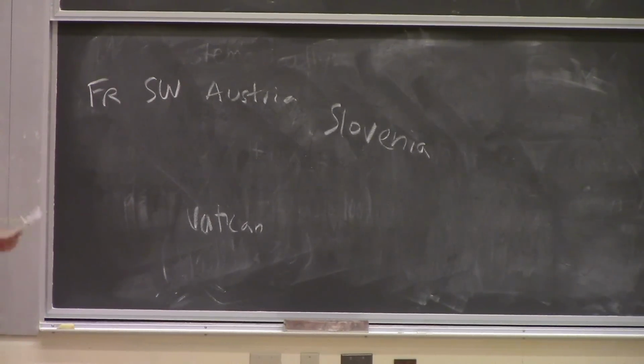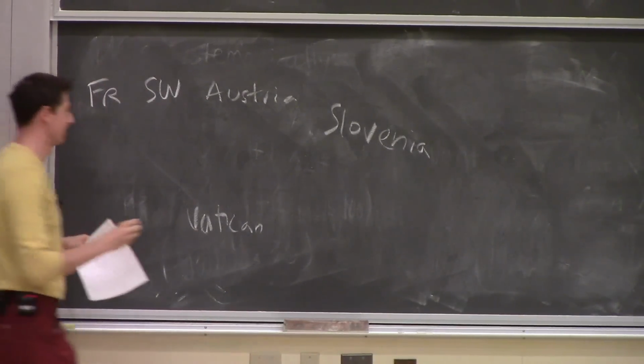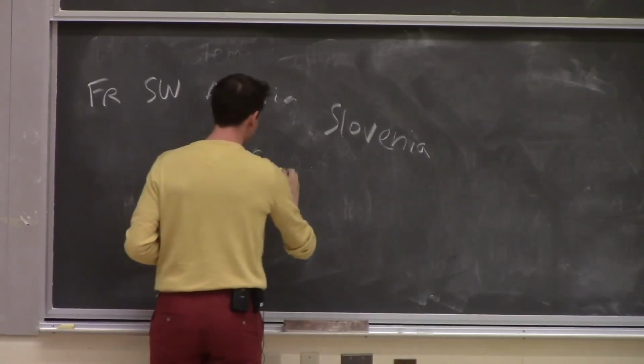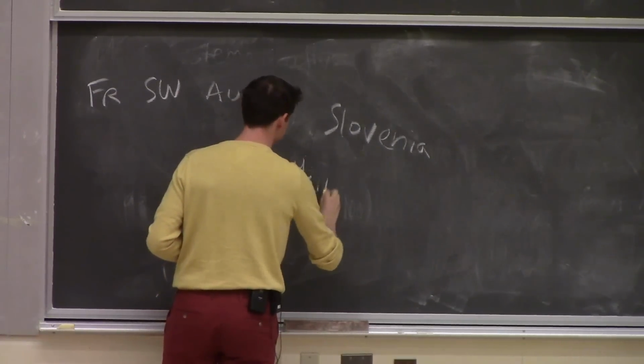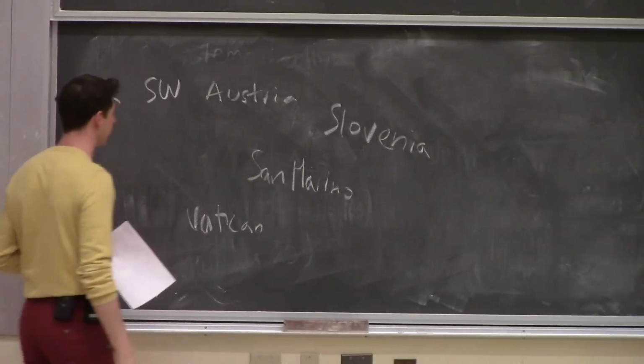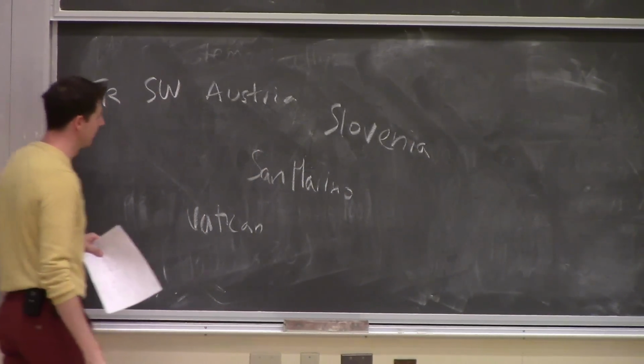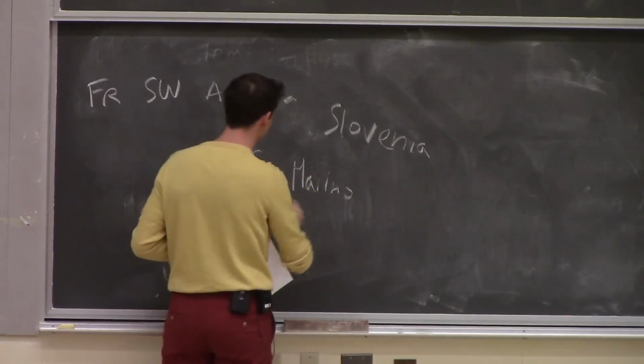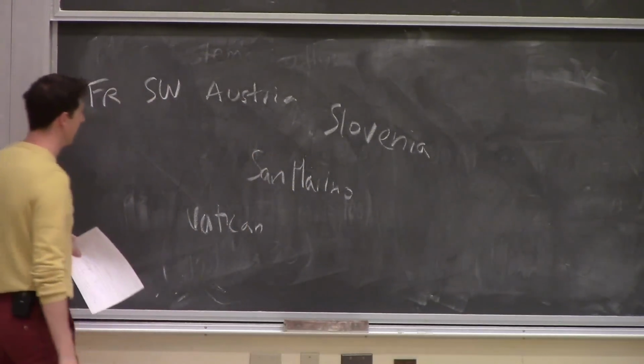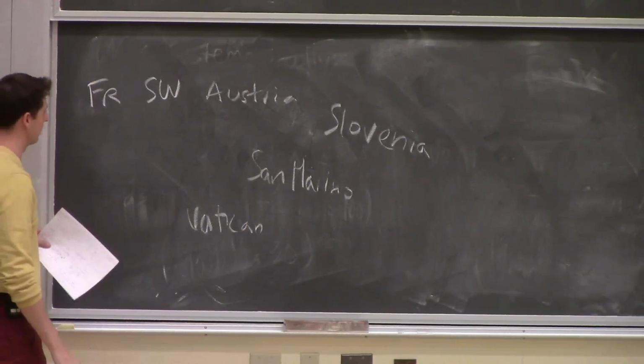No, Monaco is off to the side in France, right? So, San Marino, right? Yeah. San Marino is another microstate somewhere in central Italy. But usually the ones that get forgotten are poor Slovenia and San Marino. It's okay to forget San Marino, maybe not Slovenia, right?